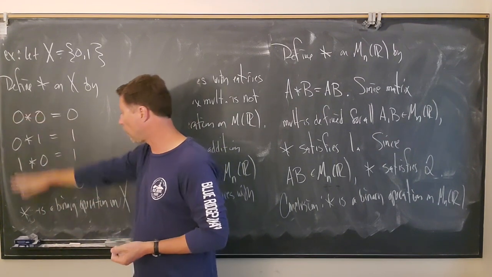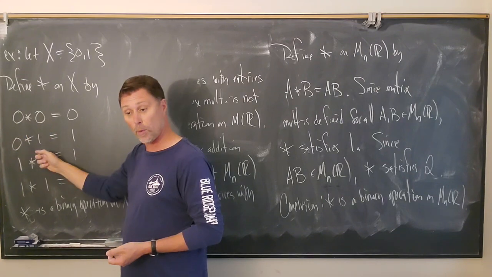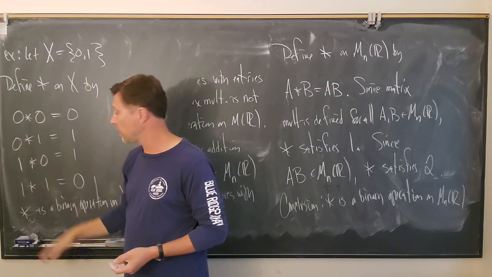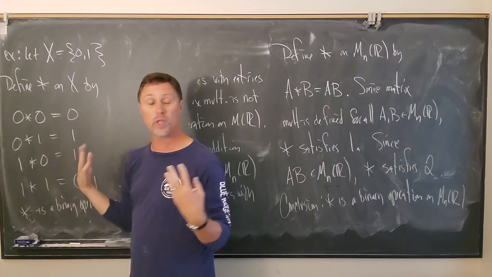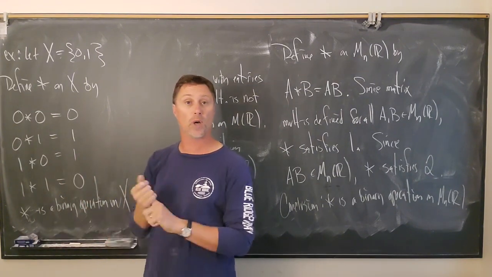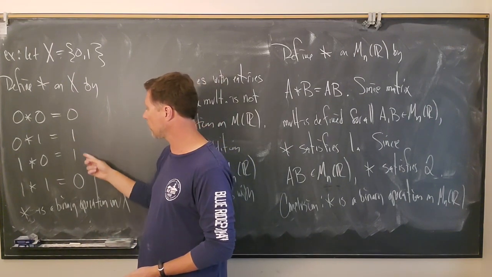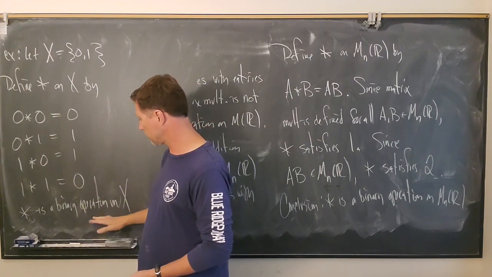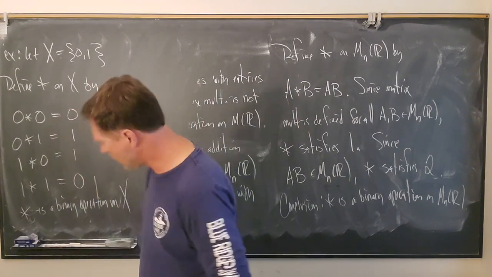There are 4 ordered pairs living in X cross X: 0,0; 0,1; 1,0; and 1,1. So we have it defined for all possible pairs. And then condition 2, to be closed, we need the output to always live in capital X, and it certainly does because our outputs are either 0 or 1. So that tells us we've got a binary operation on X.